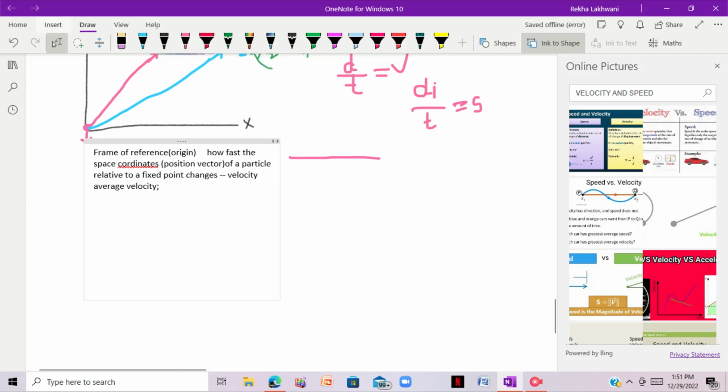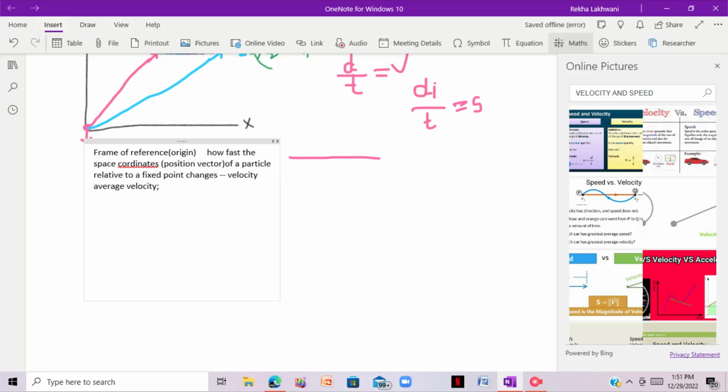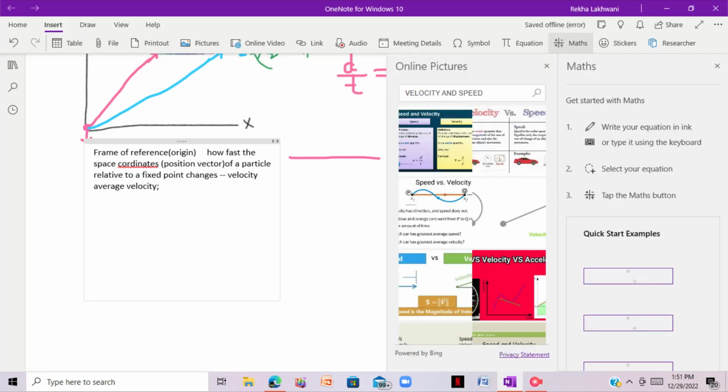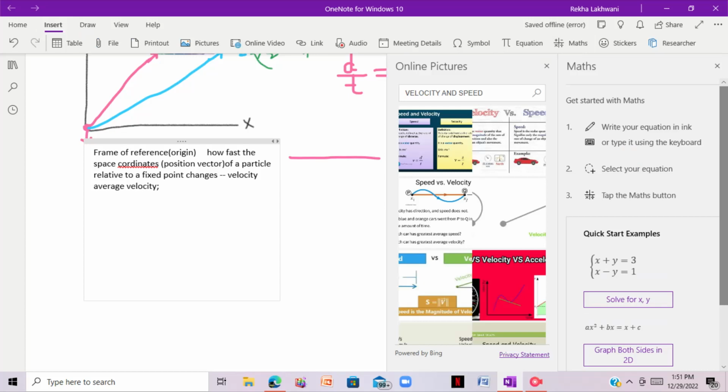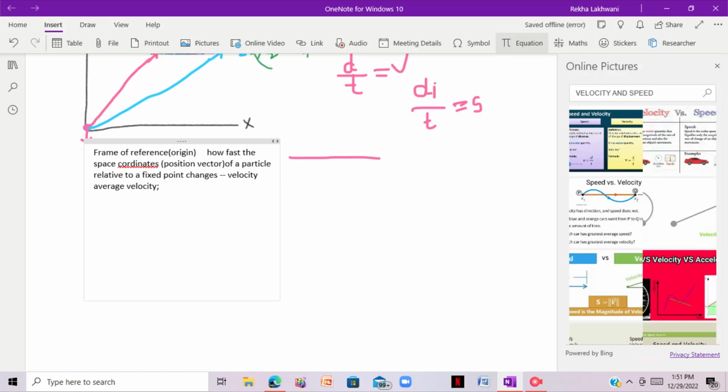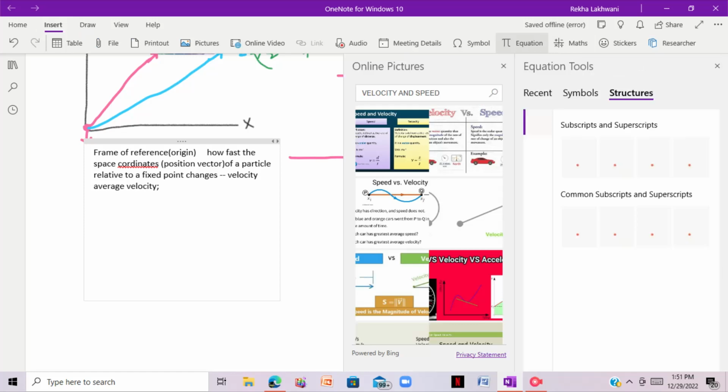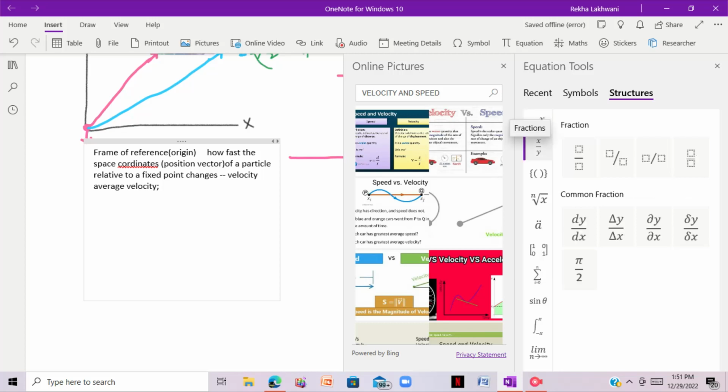Right. Let me write it. Total displacement upon total time is known as our average velocity.